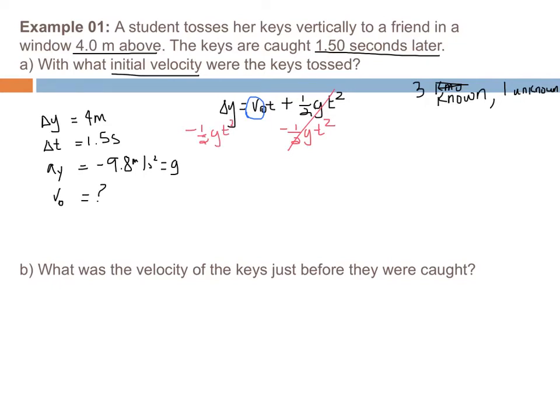Move it all to the other side. So it looks like this is step 1, this is step 2. Now our equation looks like this. Negative 1/2 g t squared is equal to v naught t. Again, next step, I'm trying to solve for initial velocity. So I divide by time, divide by time. And I have every single piece on the left-hand side.